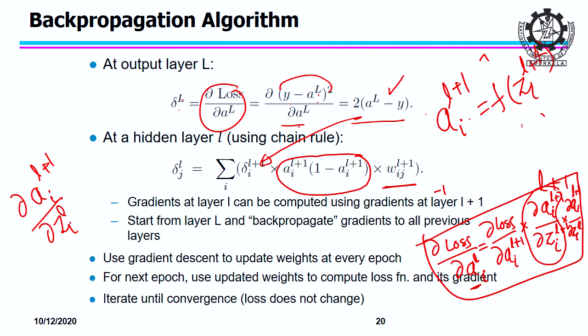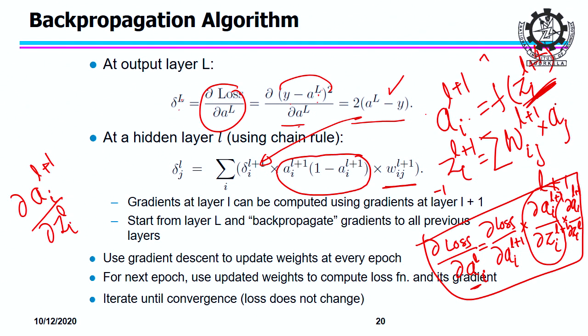To compute this one, Z_i^(L+1) is the summation over j of W_ij attached with level L plus 1 into A_j.